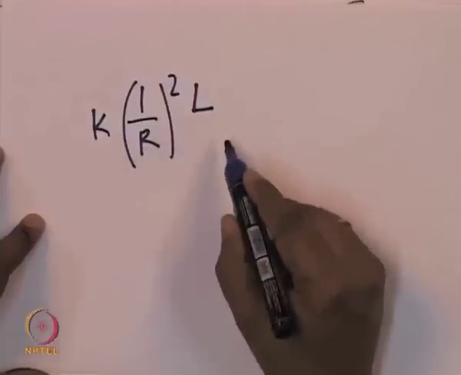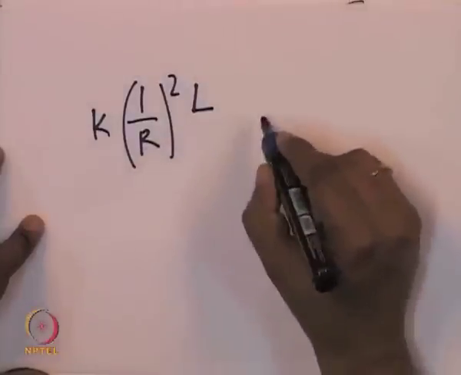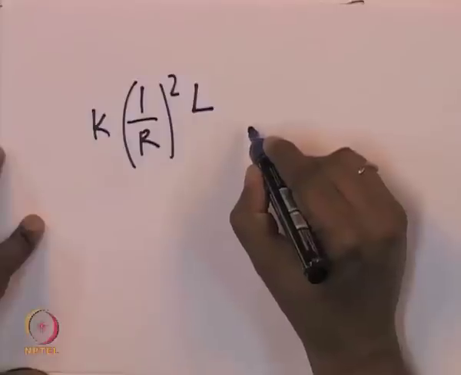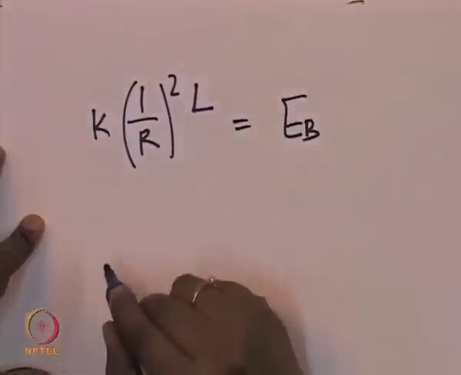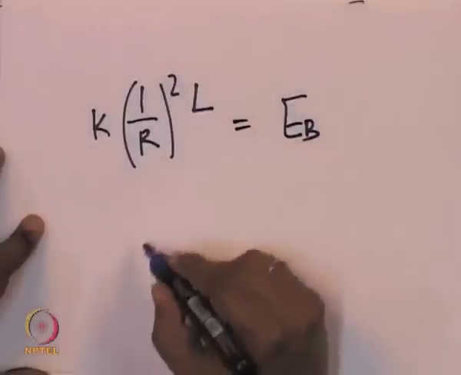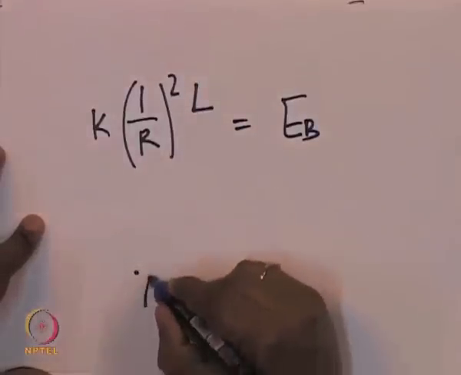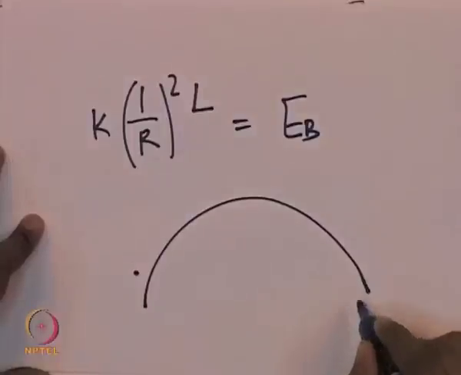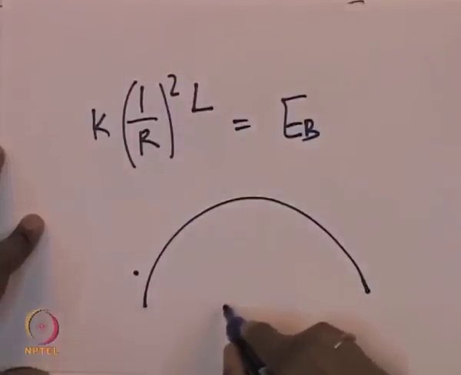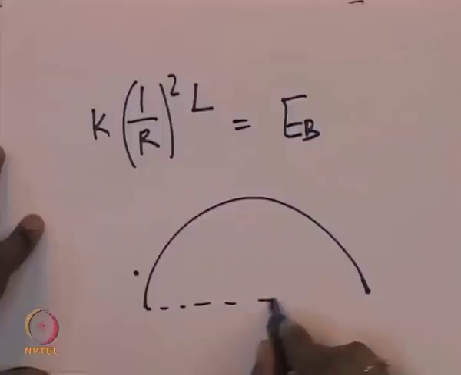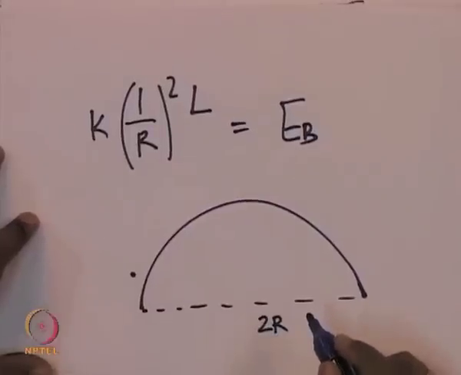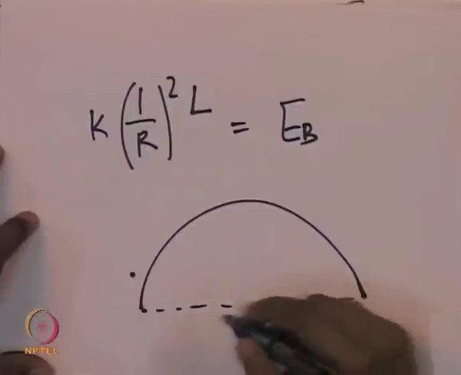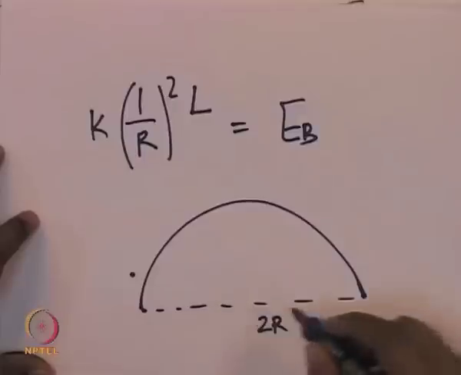This is the bending energy of DNA of length L, and when will this be equal to kBT? If you have a DNA of length L, you have to bend it to a circle.